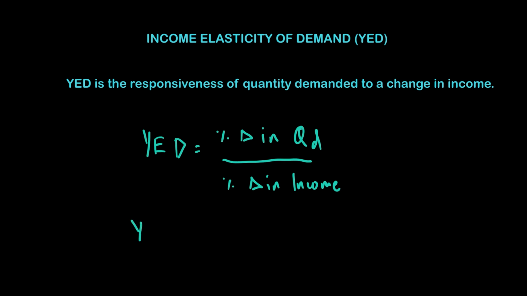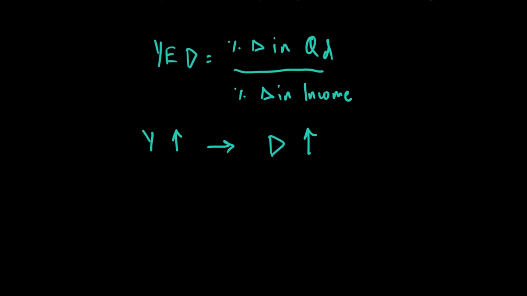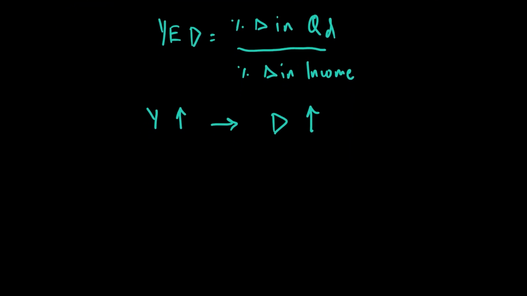And we know this, that if the income goes up, for some goods demand goes up. In an earlier discussion, when we were talking about factors affecting demand, whenever income goes up, sometimes demand for some goods goes up. We call those goods normal goods. So normal goods are those goods which by definition have a rise in demand whenever income goes up.